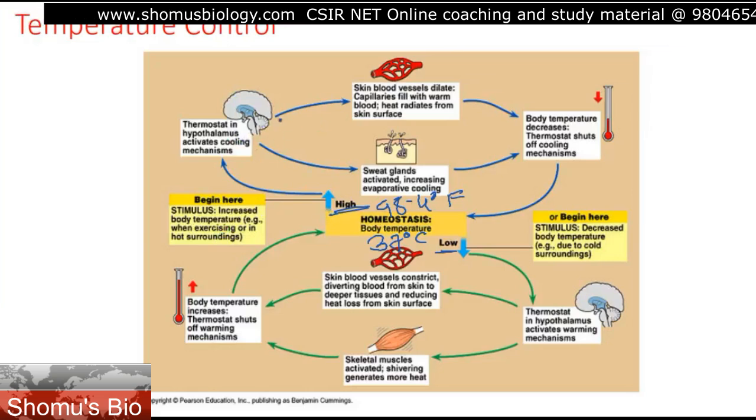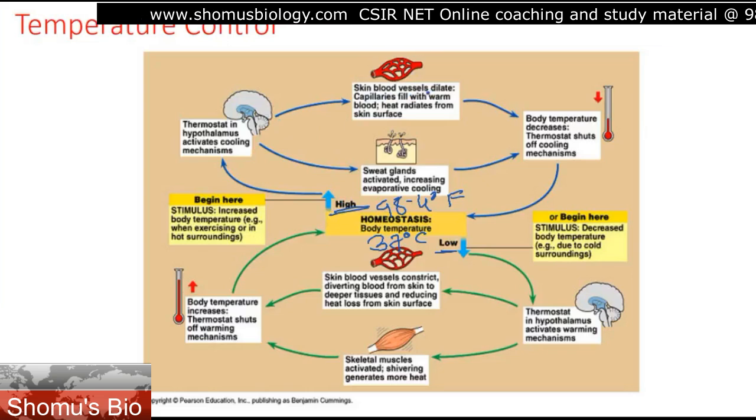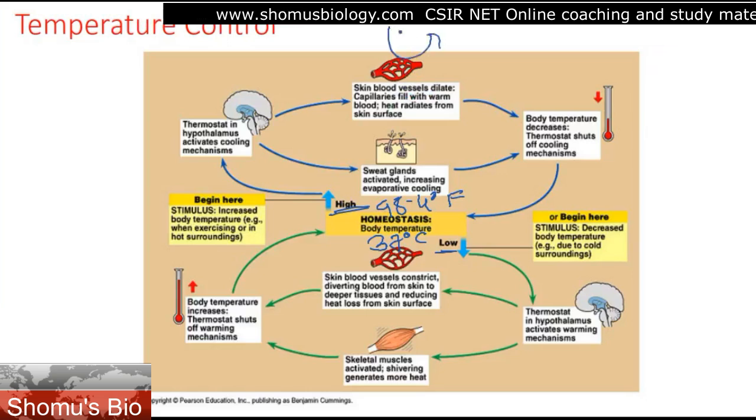It introduces all the mechanisms to lower the body temperature. One such mechanism is skin blood vessel dilatation. Dilatation of the skin blood vessels brings warm blood into close contact with the surface of the skin, which allows the exchange of heat with the surrounding environment.